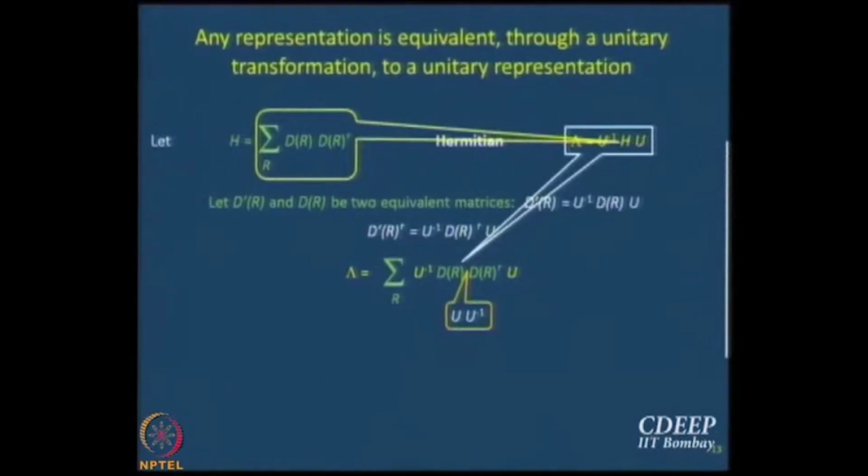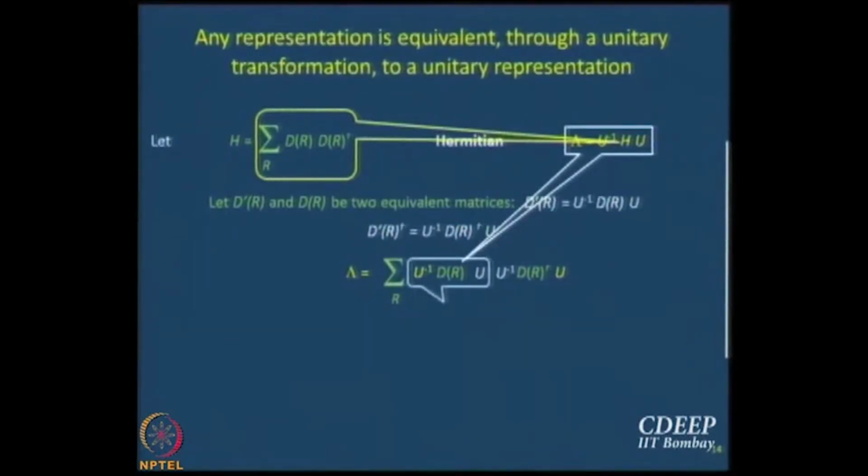So, this time we choose to obtain E by writing u inverse u. If this was u and this was u inverse, we would have written it as u inverse u, no problem. Okay. So, when I write that, what do I get? U inverse dr u inverse dr dagger U. The first one is a similarity transformation.